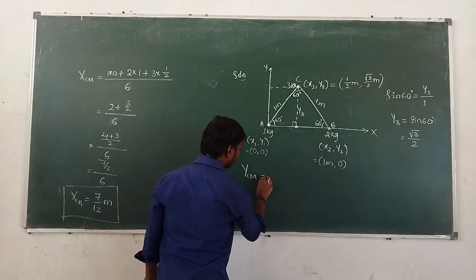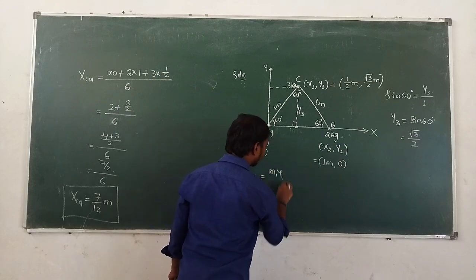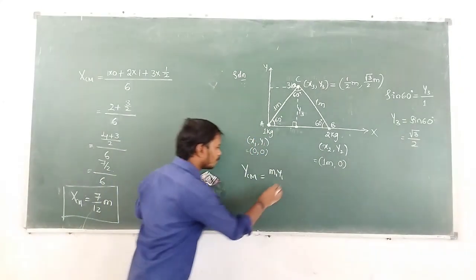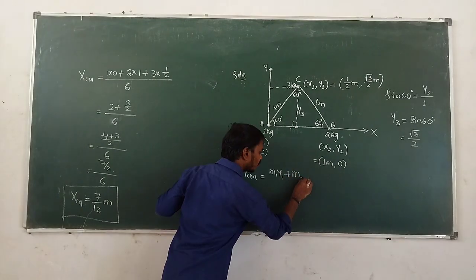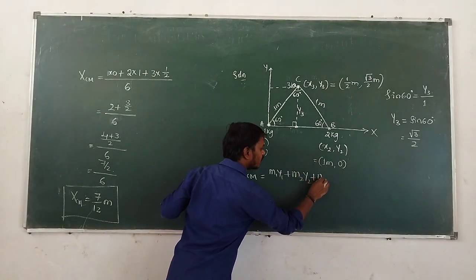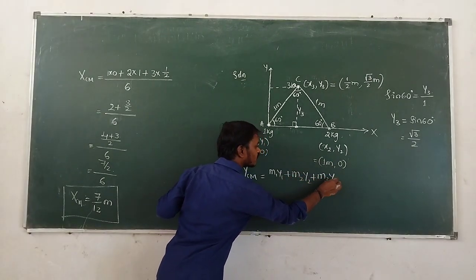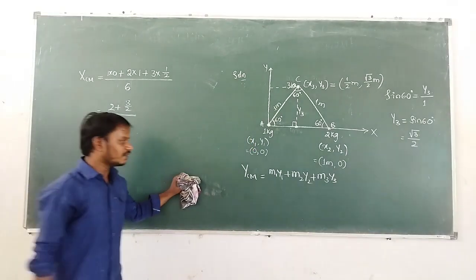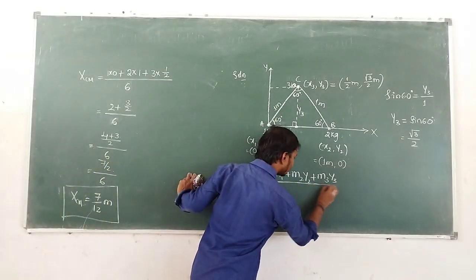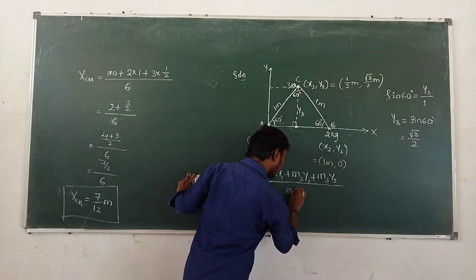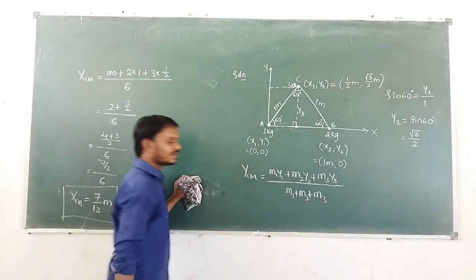YCM is equal to m1 y1 plus m2 y2 plus m3 y3. Again there are 3 particles, divided by total mass of the system m1 plus m2 plus m3. Again substituting the values.